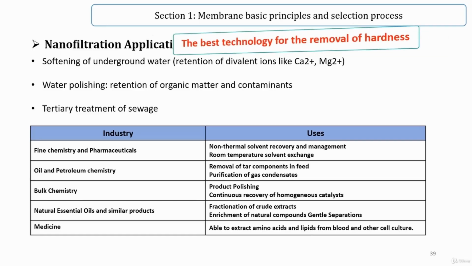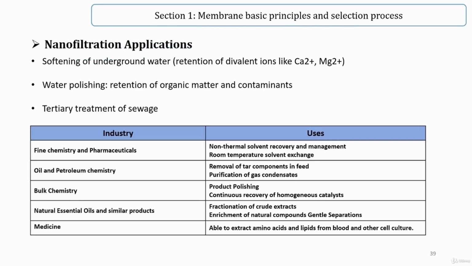Some applications are in industries such as fine chemistry and pharmaceuticals, oil and petroleum chemistry, bulk chemistry, natural essential oils and similar products, and medicine, and you can see the uses in this table.